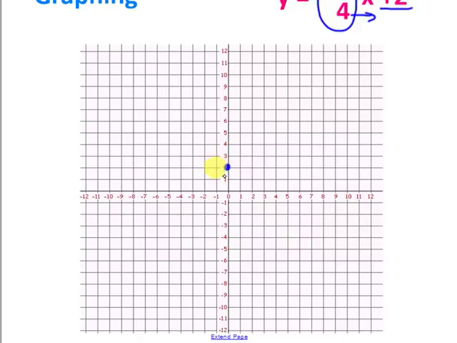So down 1, 2, 3, to the right 1, 2, 3, 4. Down 1, 2, 3, over 1, 2, 3, 4. And then go ahead and make your line.